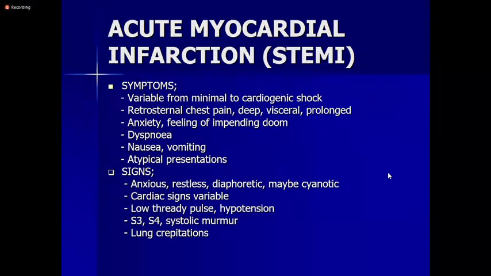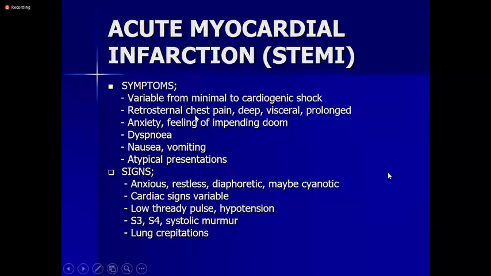So we'll start with STEMI, the ST elevation myocardial infarction. The symptoms really are very variable depending on the extent of the infarction. It may be minimal chest pain all the way to severe acute heart failure to cardiogenic shock.